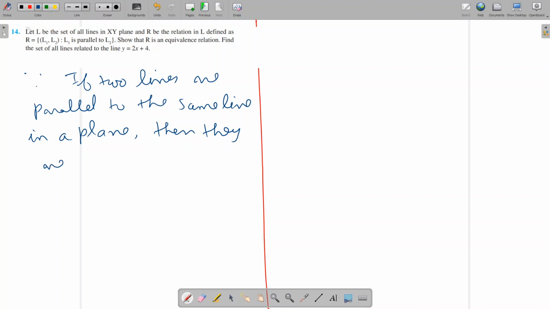So therefore we can say that R is transitive. So this was our third part.